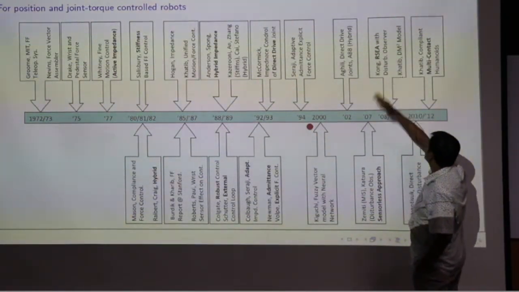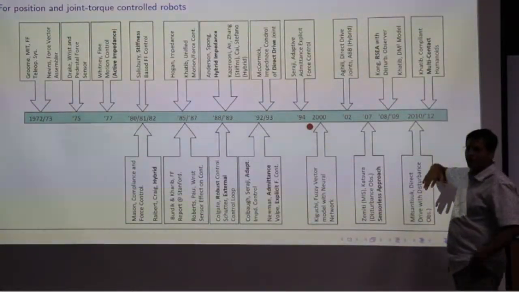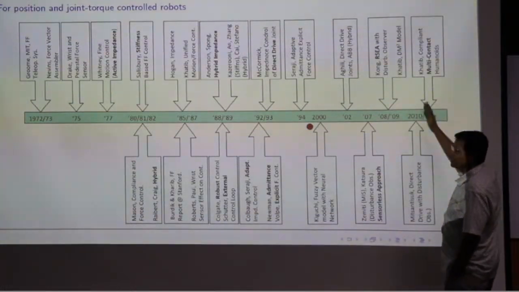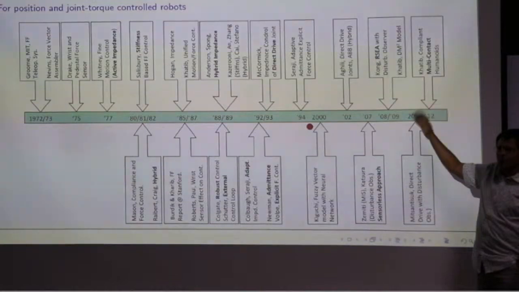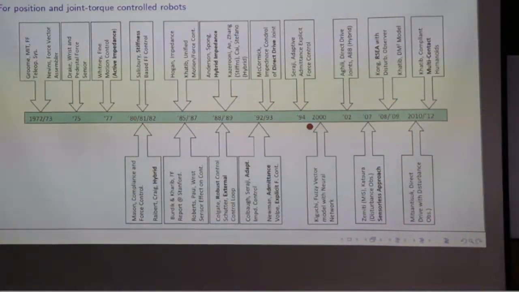Now you have Khatib's model, and the multi-contact model is nowadays there, not just one contact but multiple contacts. Then you have AI ML based approaches. This is where the physical approach almost ended and AI ML took over. Then there are many new reports on impedance control and others. This is a brief timeline I'll share with you.